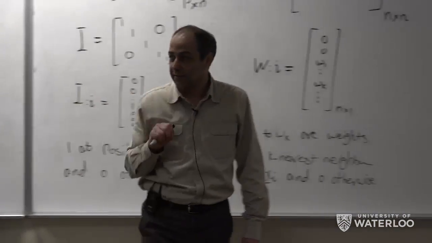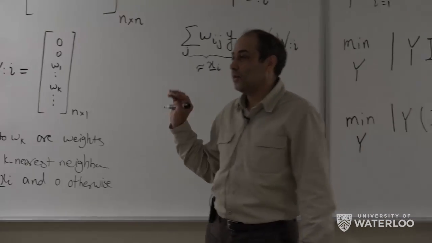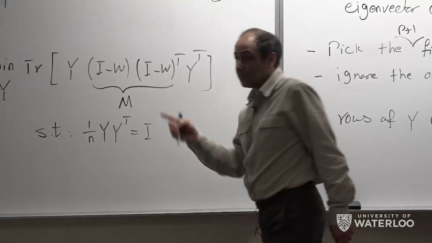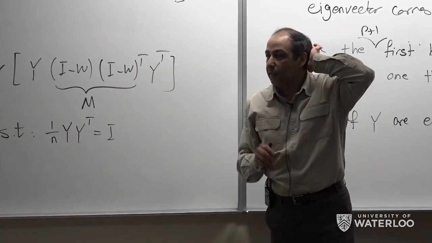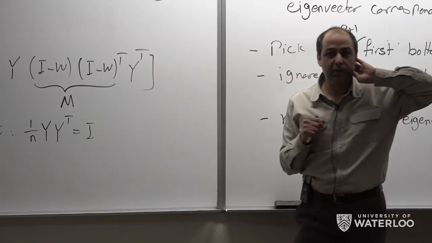But you will see that in your assignment. Yes, both constraints are satisfied. But if you just solve the problem with this constraint, the second constraint is already satisfied. You don't need to include it in your optimization.